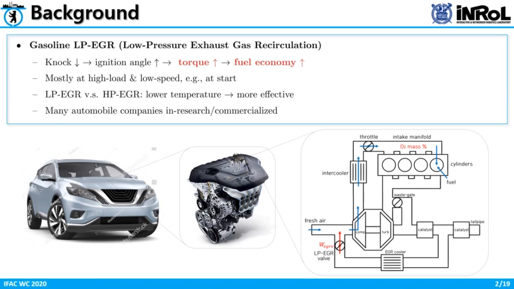As in this figure, the exhaust gas near the tailpipe is recirculated into the very upstream. This LP-EGR is typically considered more effective than other configurations because of its lower temperature at the intake manifold.